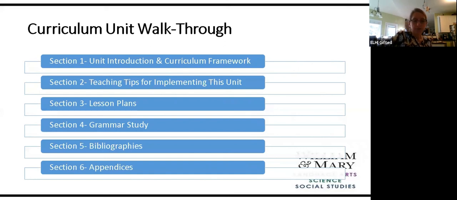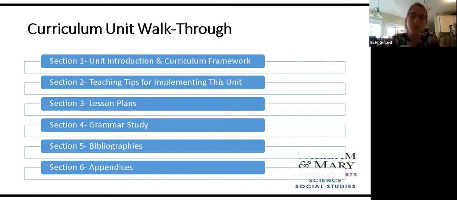So section 4, if you wanted to tab that off, is about the grammar study. Do you have a separate grammar program, Jill? No. Okay, so all of the William & Mary units have a little independent grammar study that goes with it, and section 4 is all about that.